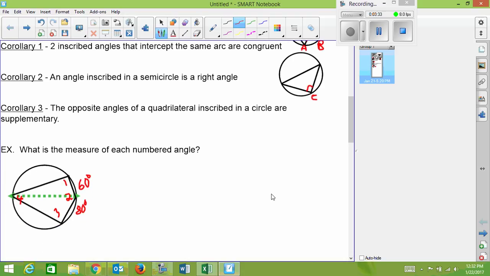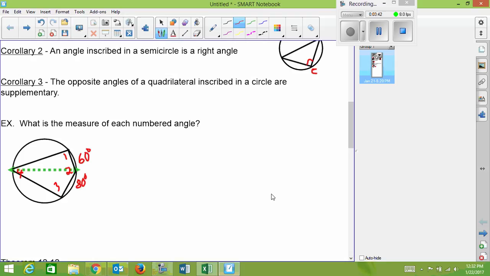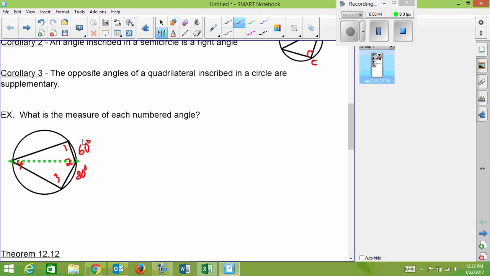What is the measure of each numbered angle? Here I have angles 1, 2, 3, and 4. I'm showing you that this intercepted arc is 60 and this one is 80. Because this is cutting it halfway across, I just showed this green line to show that it goes through the center.